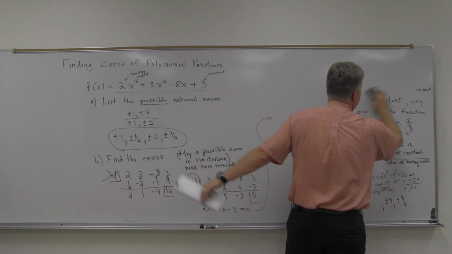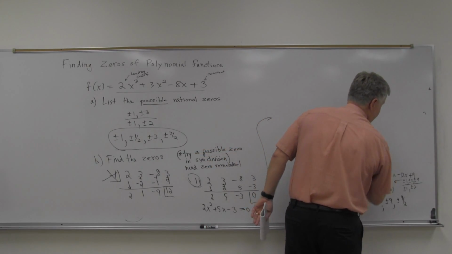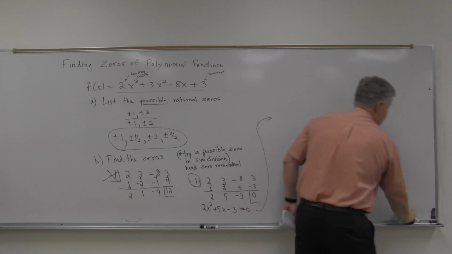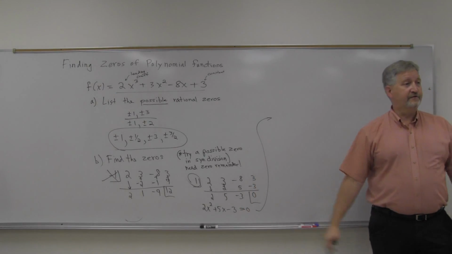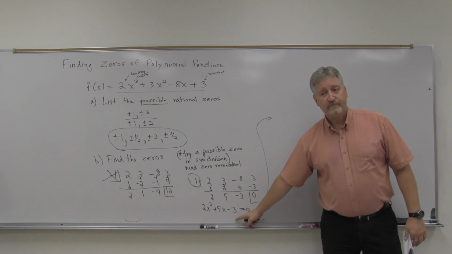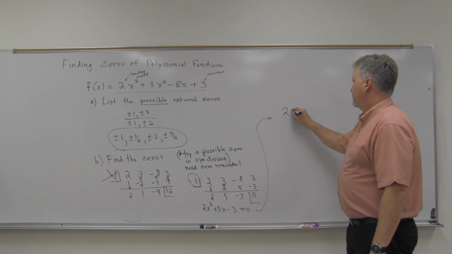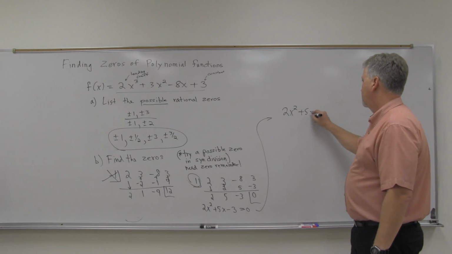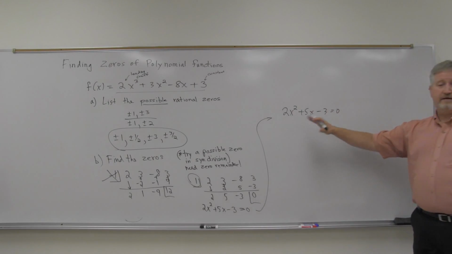So really, for these third degree polynomials, if we find one zero, then we can find the others. You can keep going through the list if you want to, but this will be a much more direct way because now we can just solve that quadratic.